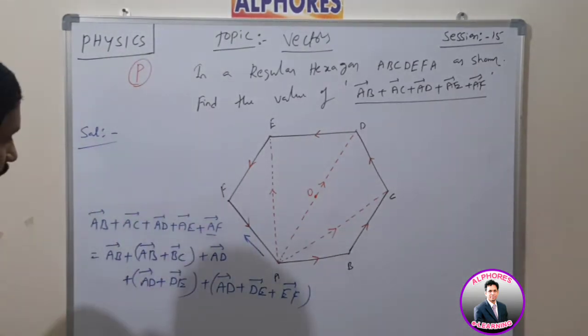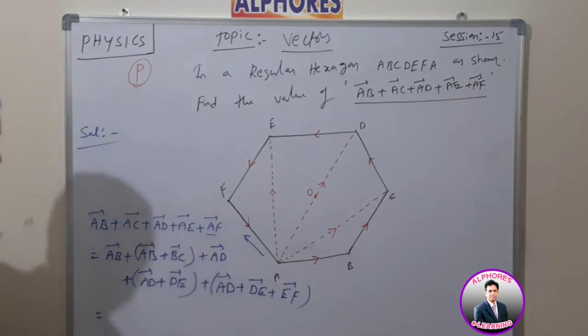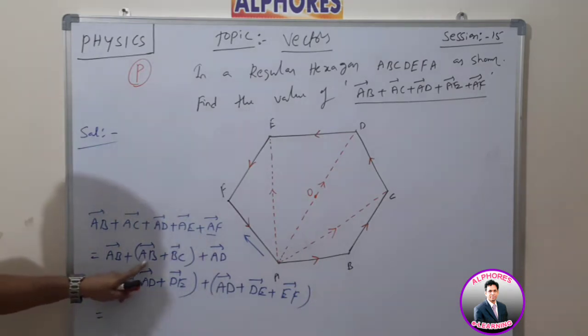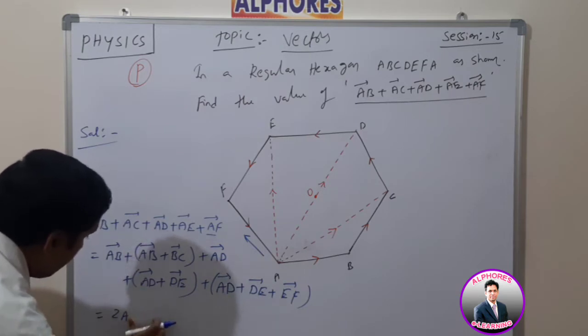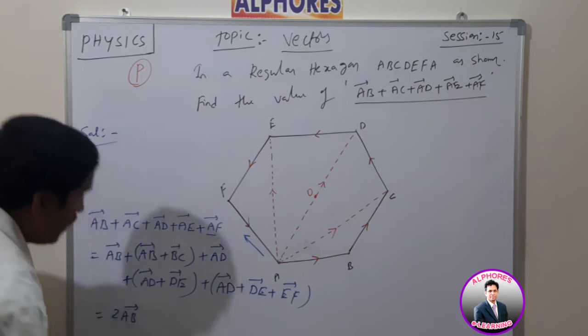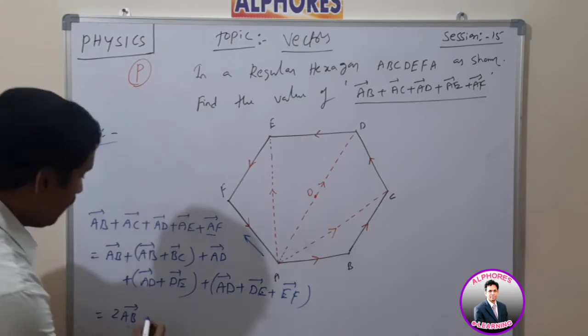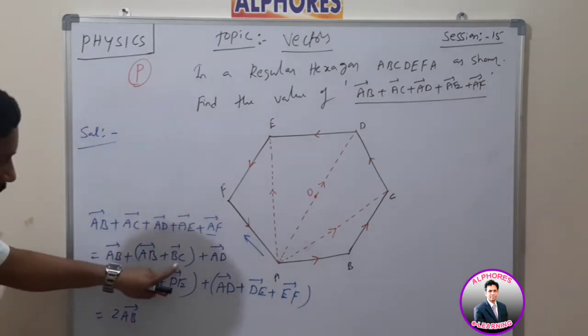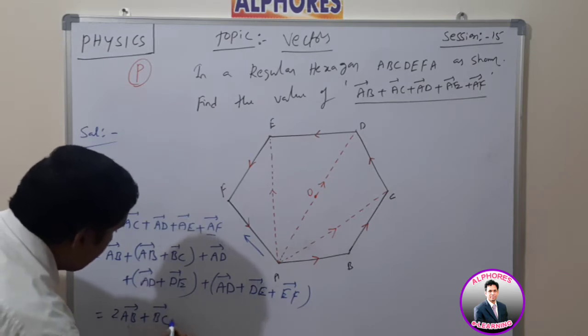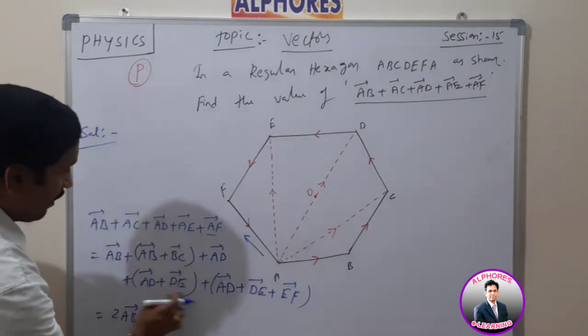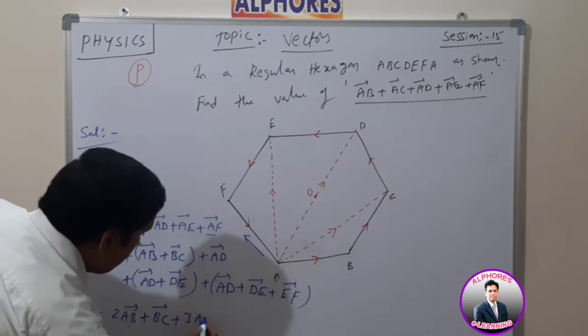According to this condition, what am I getting here? Here 2 into AB bar, plus after that BC bar, that means one BC bar there. Plus again AD bar, 3 into AD bar.